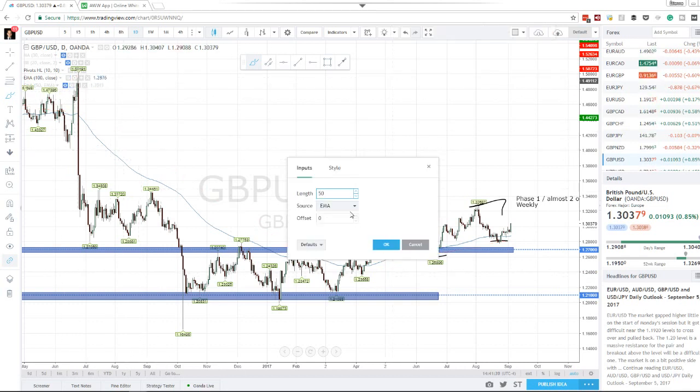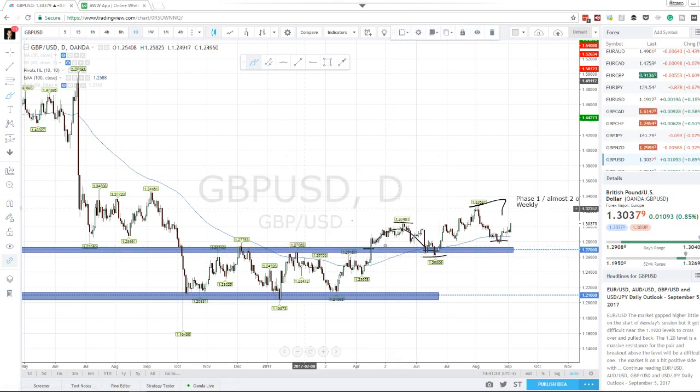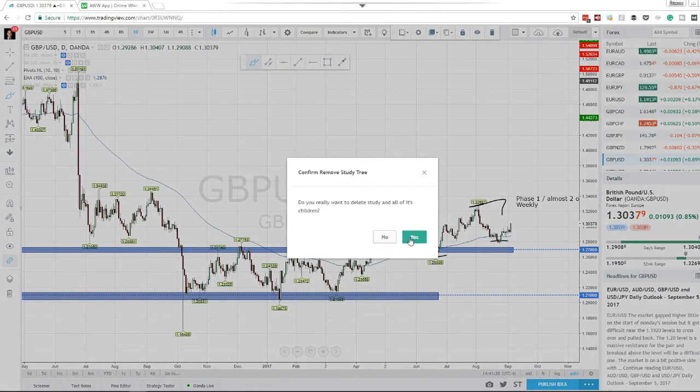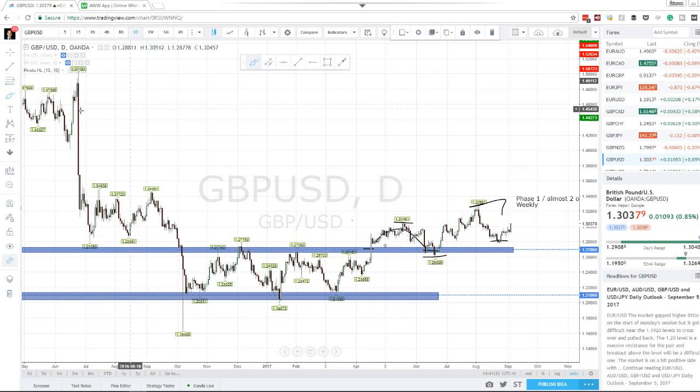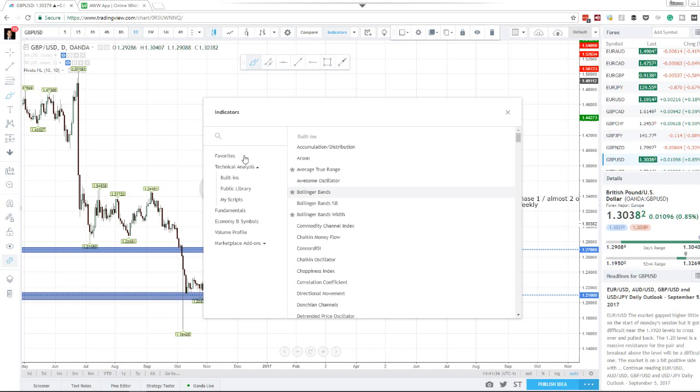That's interesting. You have a problem with this moving average right here. But let's see what happens if we were to put a moving average, like the 100 EMA.